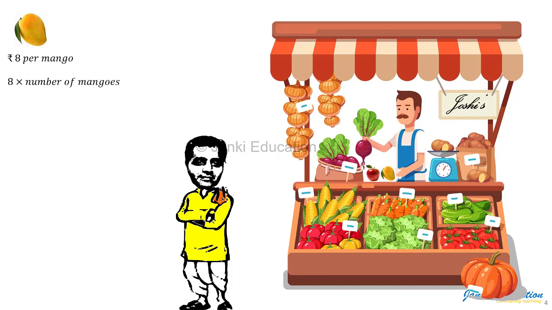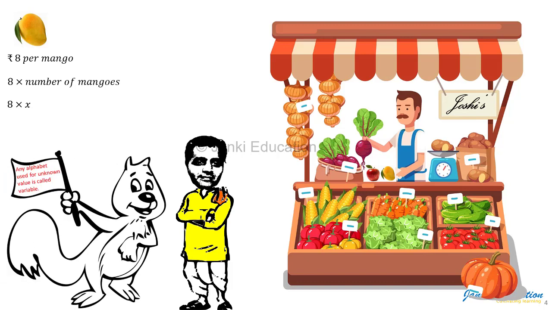Now we don't know how many mangoes this gentleman purchased. So what can we do? We take some value called x, 8 into x. Here you should remember that the alphabet used for this unknown value is called a variable.